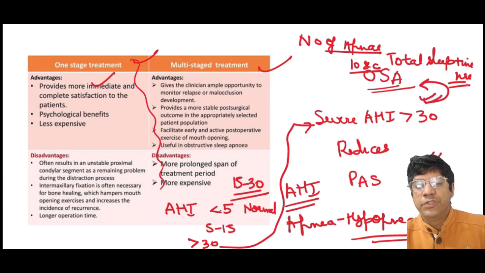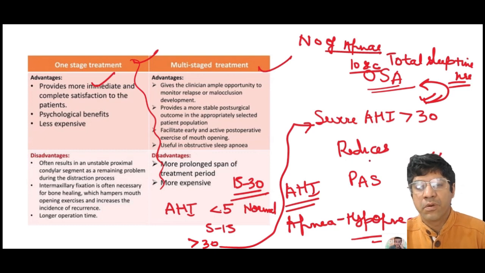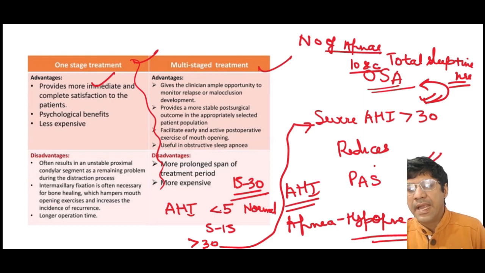A narrower PAS can increase the risk of airway collapse, blockage, or restriction during sleep that can exacerbate the symptoms of obstructive sleep apnea, such as snoring, fragmented sleep, daytime sleepiness, and pauses in breathing. So in a patient with TMJ ankylosis, micrognathia, and obstructive sleep apnea, a reduced PAS can further complicate the management of the condition by exacerbating the airway space and influencing treatment decisions, such as the approach to jaw exercise and surgeries, to address the underlying issue.